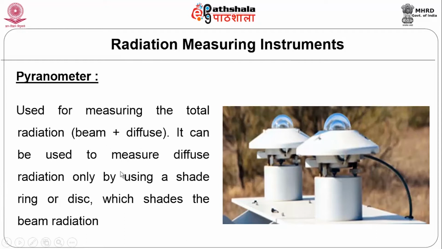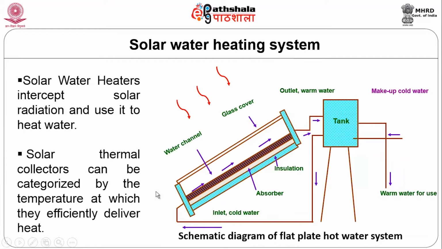It can be used to measure diffuse radiation only by using a shade ring or disc which shades the beam radiation. We cover the beam radiation with the disc and then measure the diffused radiation using the pyranometer. Otherwise, the pyranometer measures the total of beam and diffused radiation.